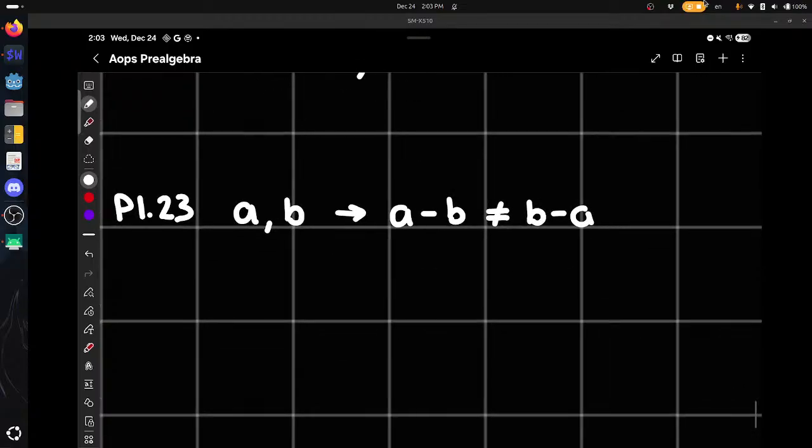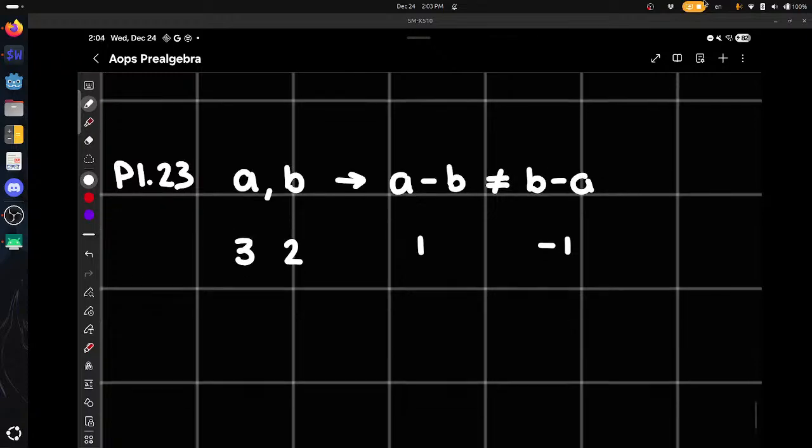So I think any number would work really. So 3, 2. Because this would be 1, 2 minus 3, that would be -1. So yeah, any number, well, not every number, because 0 and 0. But some numbers will show that, yeah, subtraction is not commutative.